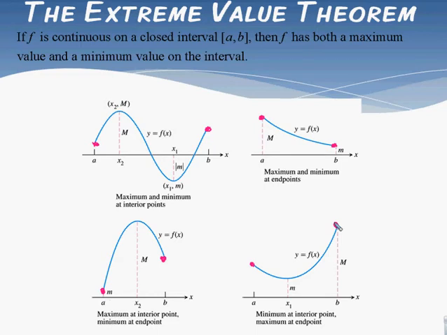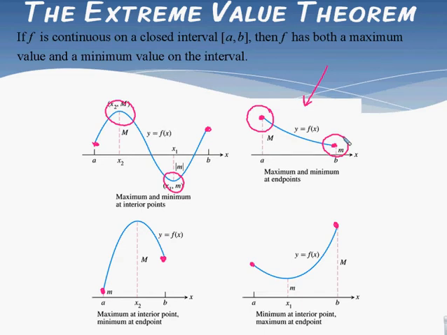You can see here in this first example that we have an absolute max at x sub 2, and we have an absolute min at x sub 1. In this example right here, we have an absolute maximum at the endpoint at x equals a, and then we have an absolute minimum at x equals b.